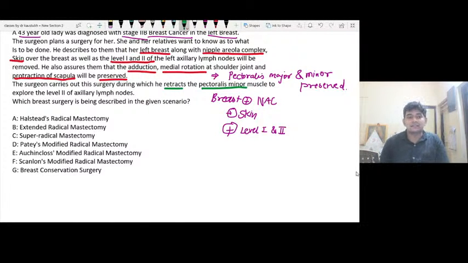What they are asking is which breast surgery is performed in this given clinical scenario. So not asking you directly about the components of surgery, but in the form of a clinical scenario. That's the skill of framing a question examiners have.